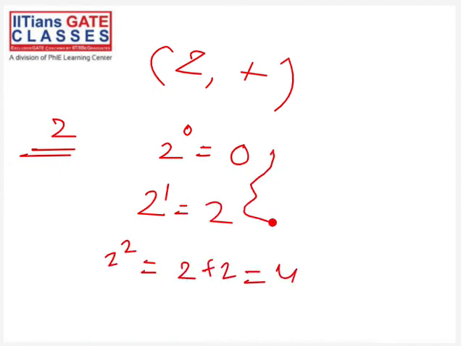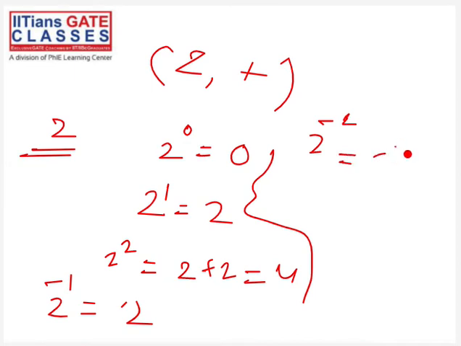So you can generate all the even integers. 2 power minus 1 is minus 2, 2 power minus 2 is minus 4. You can generate all the even integers, but you cannot generate odd integers. Hence you can say that 2 is not a generator.